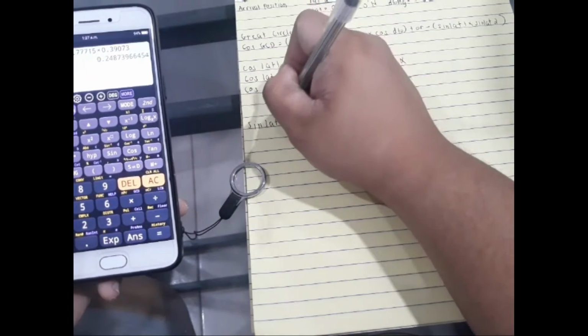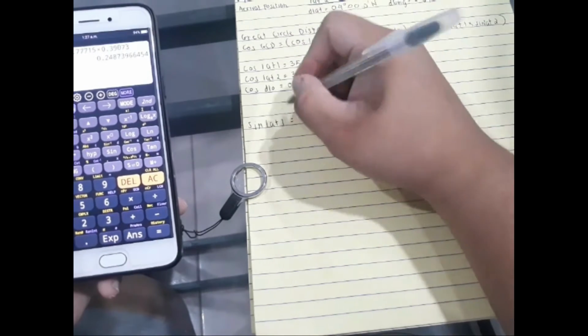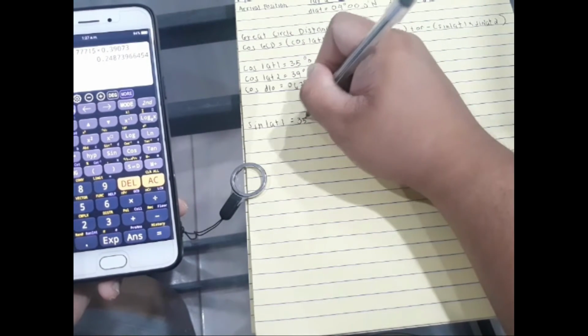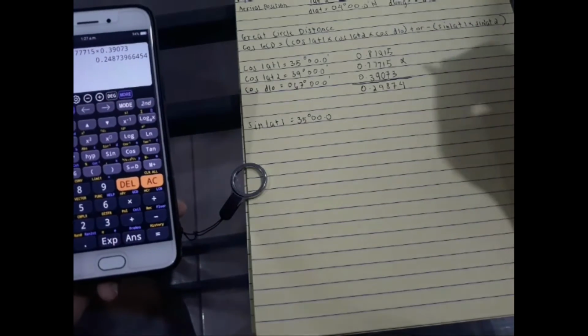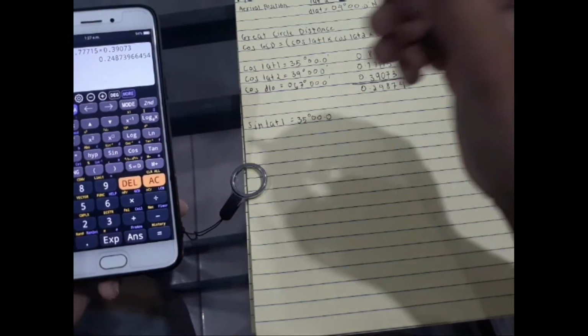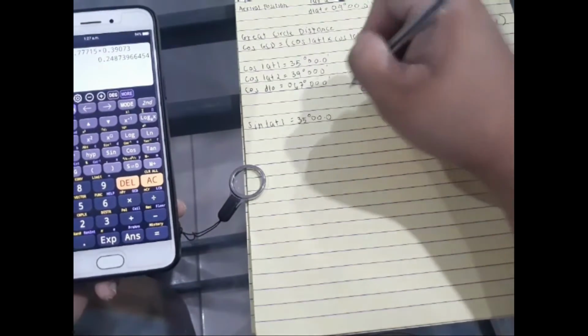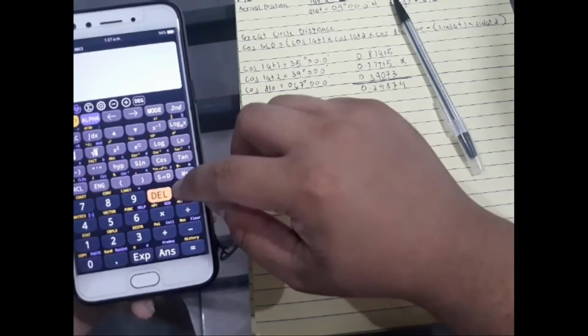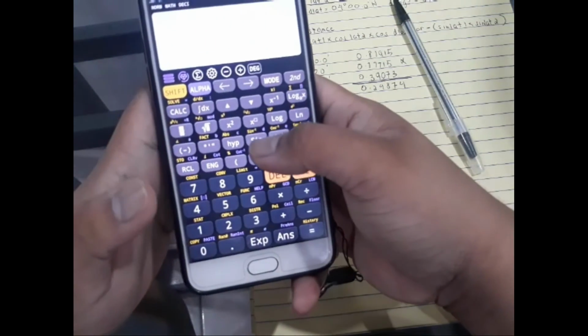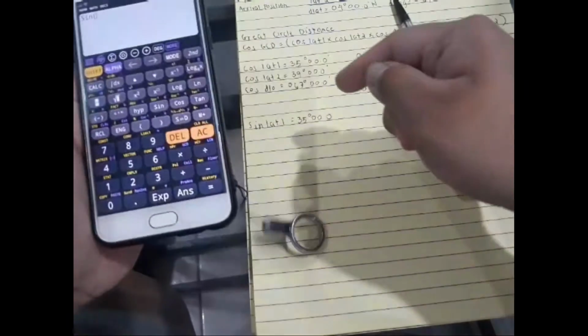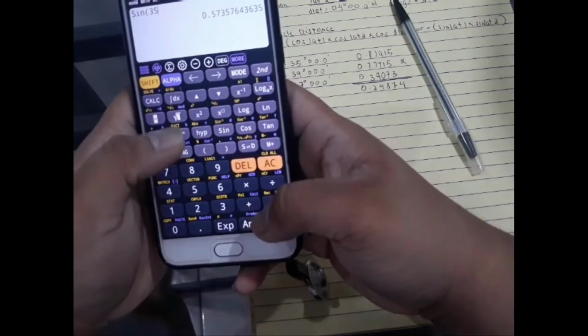Sin lat 1 is equal to sin of 35 degrees. On the calculator we press sin and of course 35 degrees.